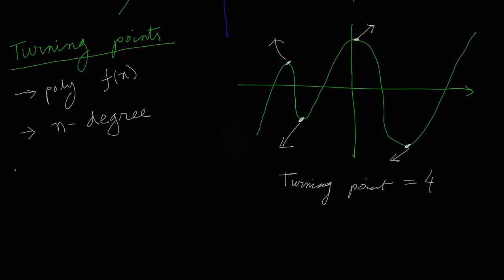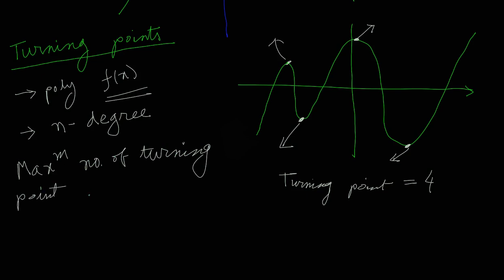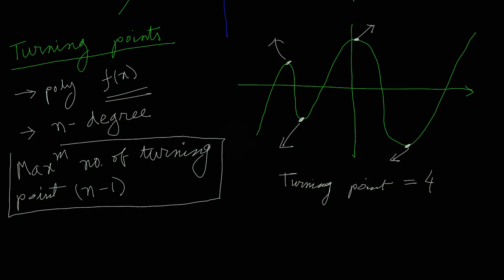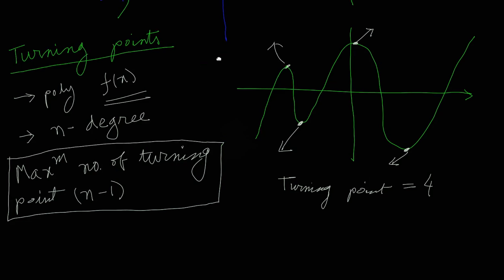The maximum number of turning points for a function with n degree will be n minus 1. So I can get a maximum of n minus 1 turning points for a polynomial function with n degree. All right, so now let us see some examples.